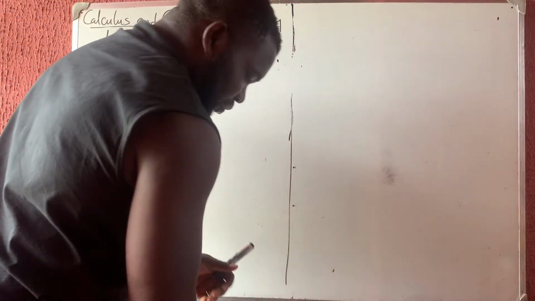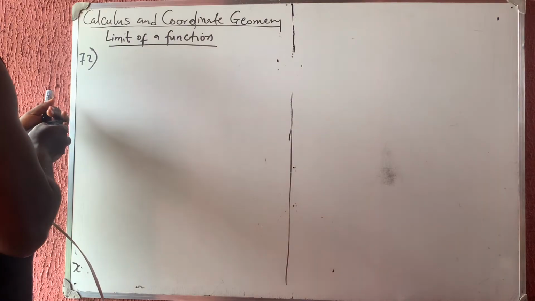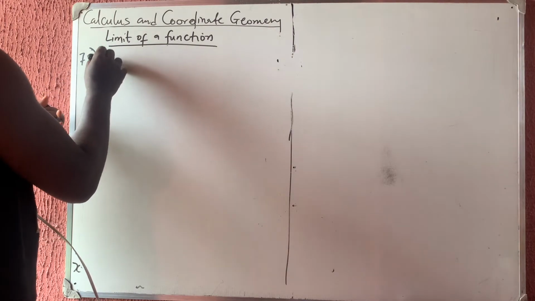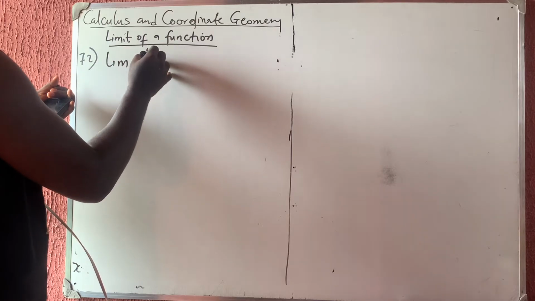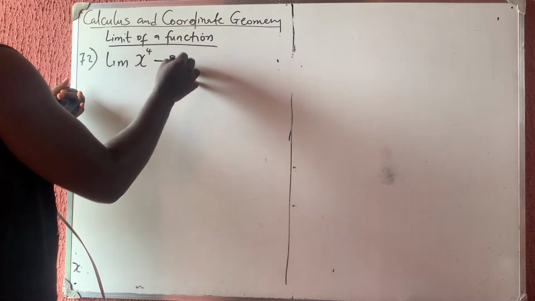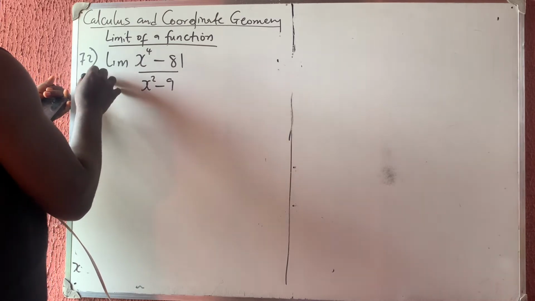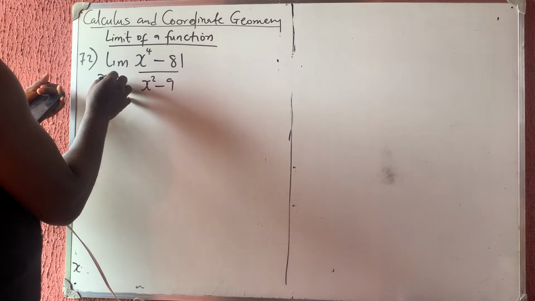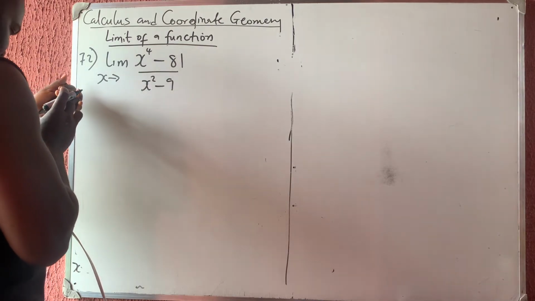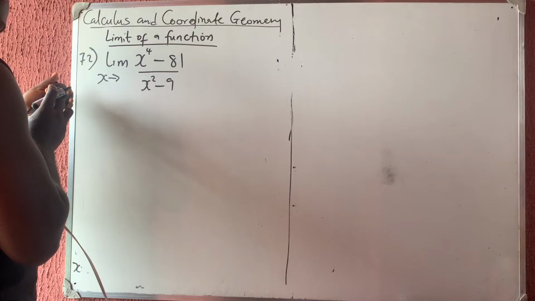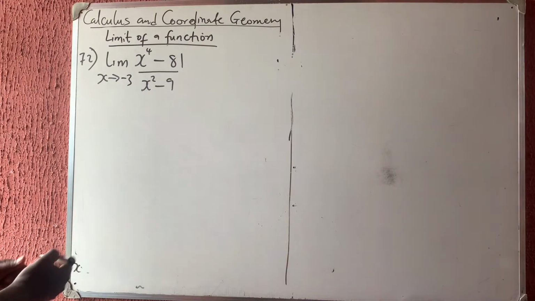Question number 72 said the limit of x raised to power 4 minus 81 all over x squared minus 9, and then x approaches minus 3. Okay, so the first thing is to substitute.